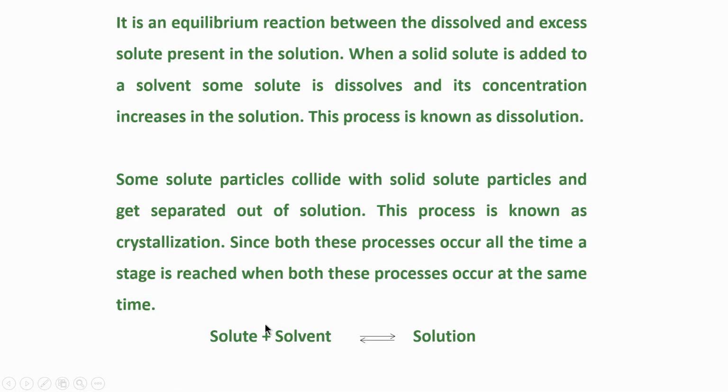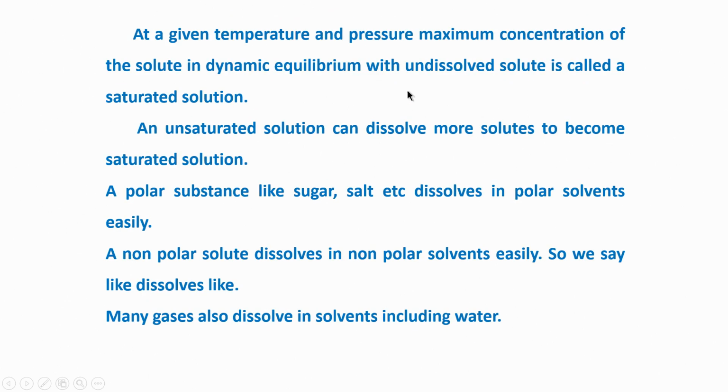Since both these processes occur all the time, a stage is reached when both these processes occur at the same speed. Otherwise, at some stage it must keep on dissolving, at some stage it must keep on precipitating out. So, I have an equilibrium solution reaction, that is solvent plus solute is a solution, and at a given temperature and pressure, maximum concentration of the solute would be in dynamic equilibrium with the undissolved solute.